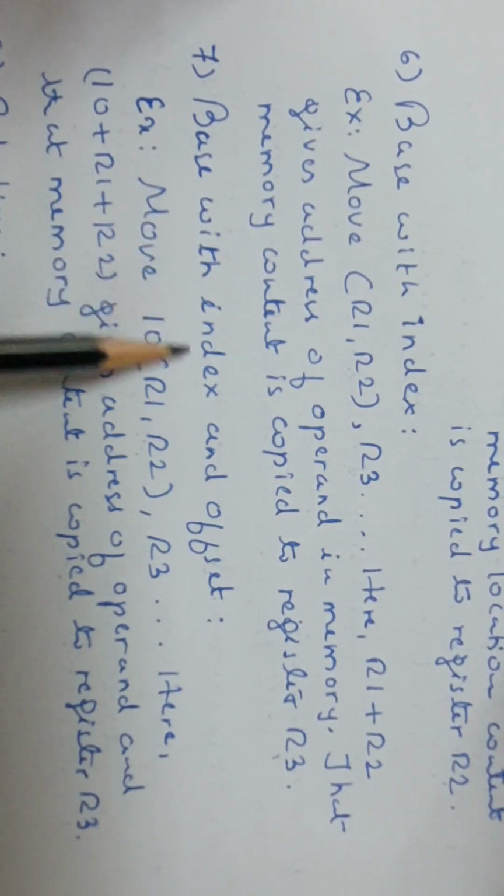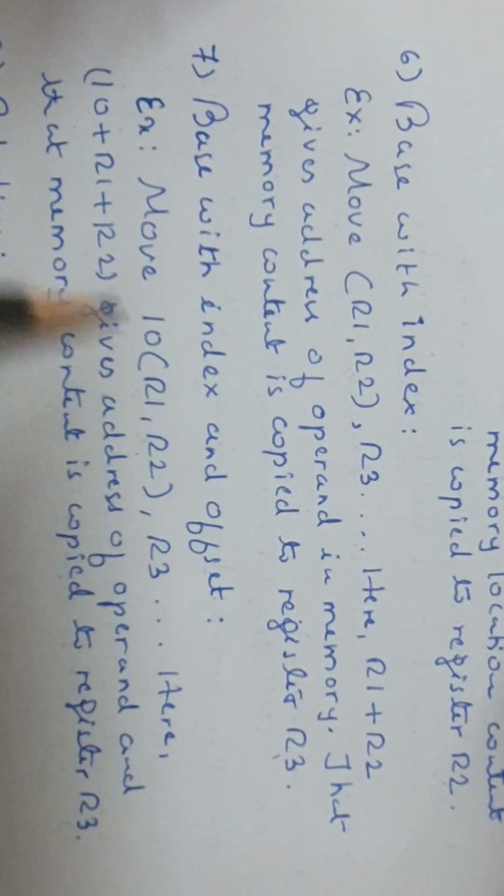Next, seventh one, base with index and offset. Example, move 10 in bracket R1, R2 bracket complete, R3. Here always bracket means that gives the address. If R1 is 1000, R2 is 2000, 1000 plus 2000, that is 3000, plus this index.